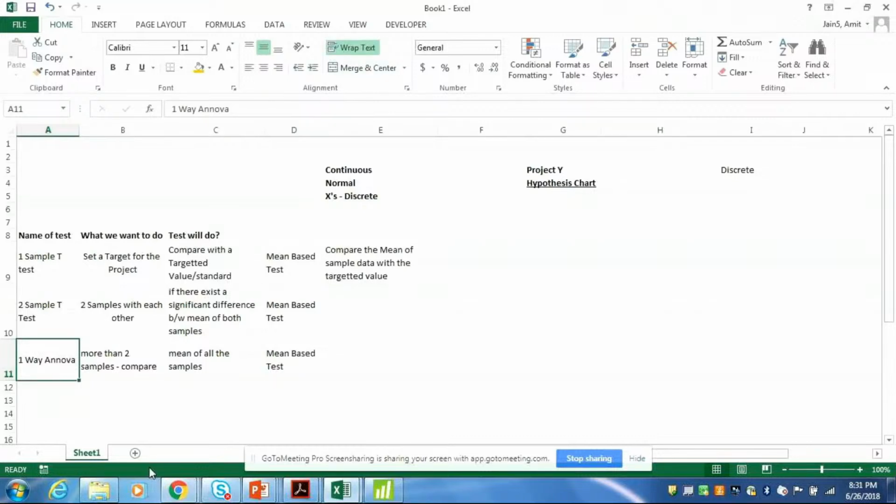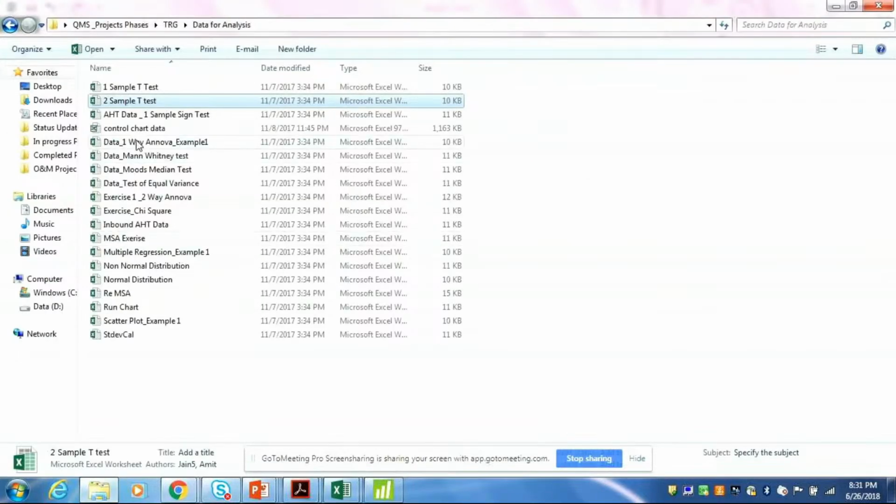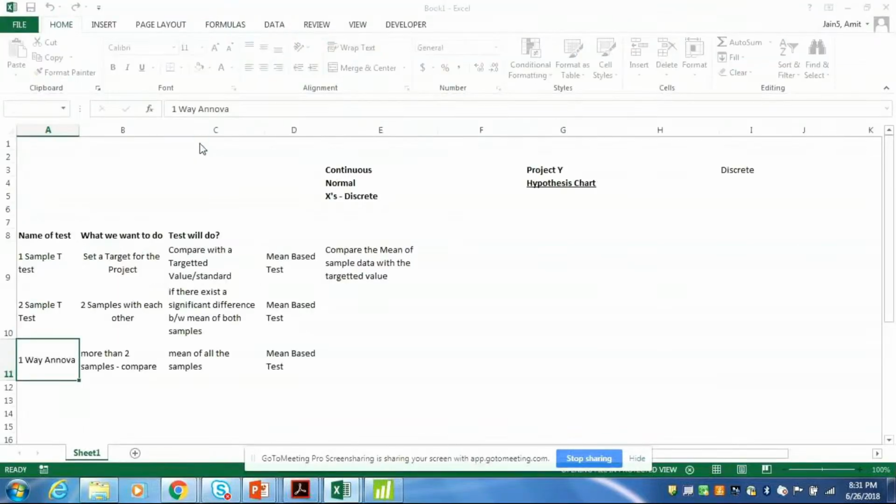Okay, so let's look at, do I have the data on one-way ANOVA? Yes. Yeah, I saw that in my email.